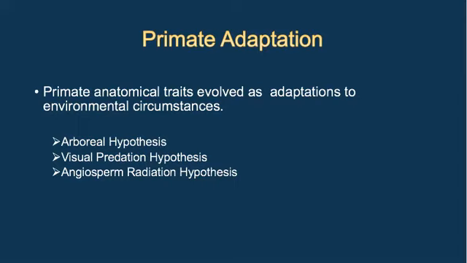The last one, the angiosperm radiation hypothesis, holds that we evolved in lockstep, or basically as a species adapted to living on and around angiosperms. An angiosperm is just a flowering plant, and we see evidence in the fossil record of primates evolving and all of these characteristics evolving in the primate lineage as a consequence of, or related to, the spread of flowering plants.